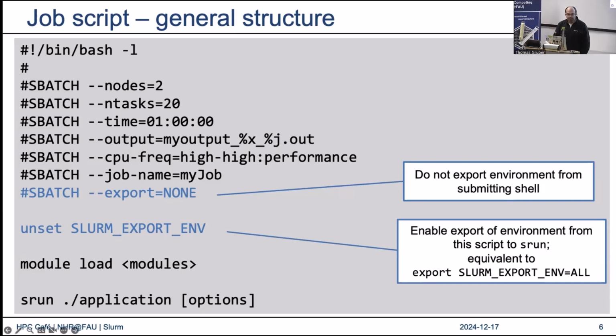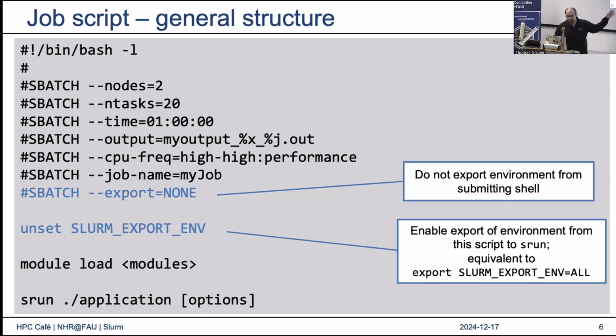That's why you need this unset slurm export env line, because otherwise it would not give your modules back to the srun command. So srun wouldn't know that there are any modules loaded, any environment variables set, and so on. So these two lines should always be combined. You don't need the empty line here. We just have it in our documentation; I copy pasted it. But in the end, you can directly put them together.